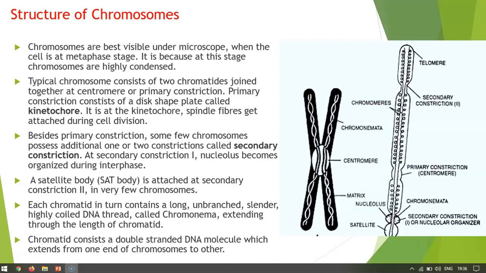Now, each chromatid in turn has a long, unbranched, slender, highly coiled DNA thread called chromonemata extending through the length of the chromatid. I have taken this individual chromatid here, and you can see that right from the start to the end you have the double-stranded DNA present, end to end of your chromosome.